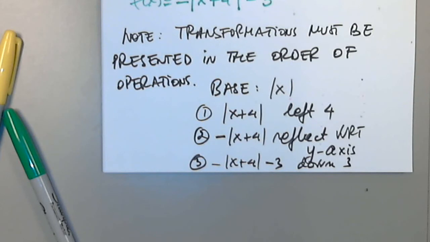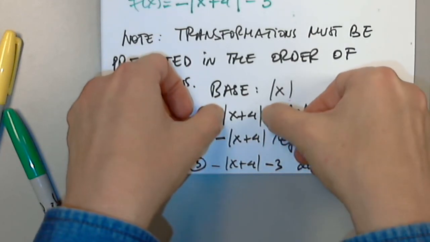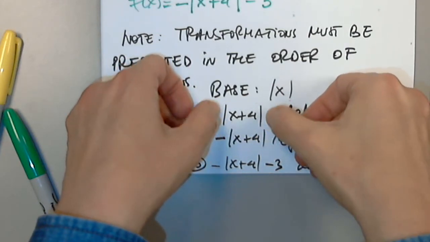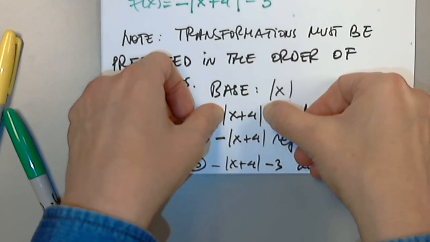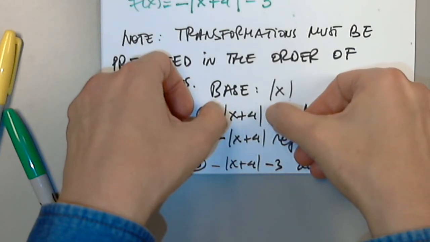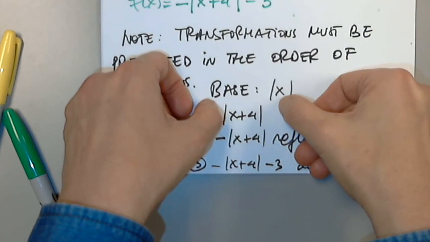Yes, Eddie? Okay, on step 2, why do you reflect with respect to the line? Because the negative sign does not touch x. See, if you compare these two, I'm not changing x. If it's in anything with x, like absolute value bars or parentheses or brackets, then it's opposite.